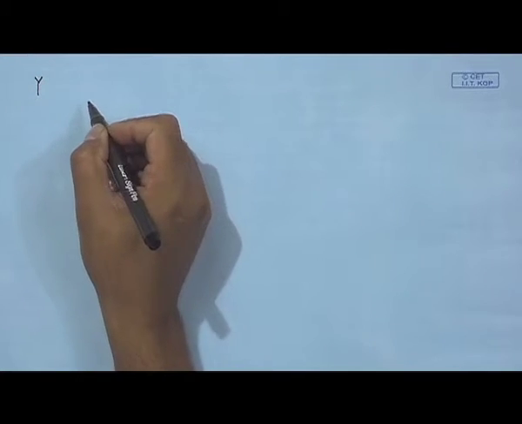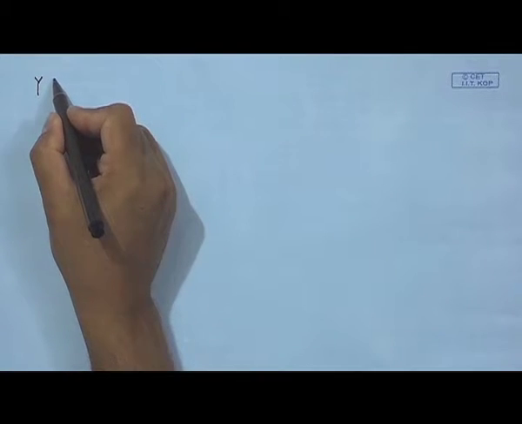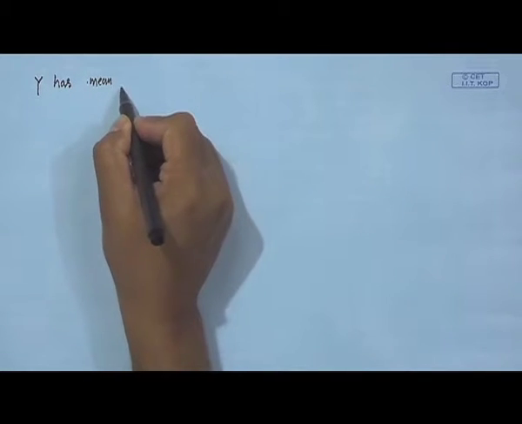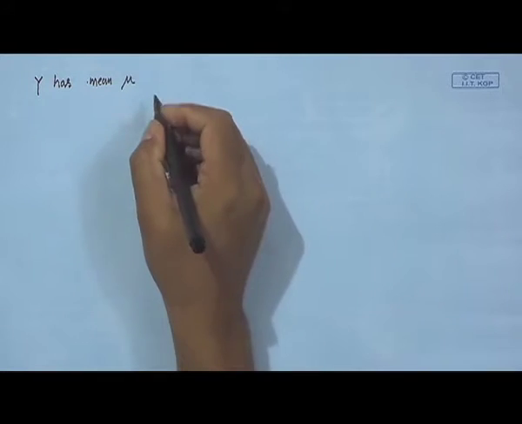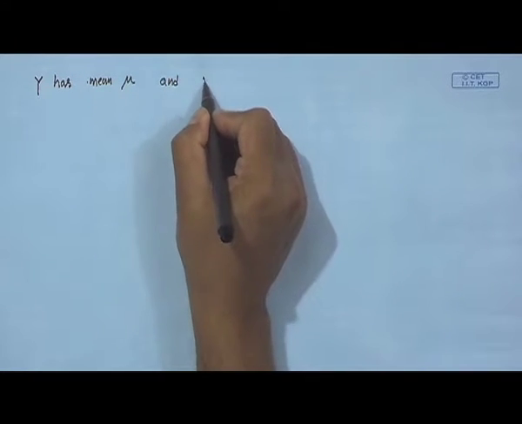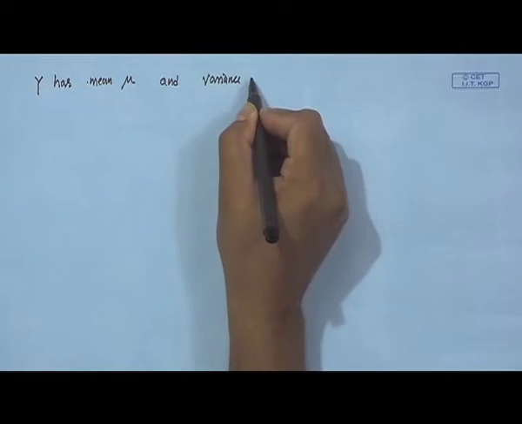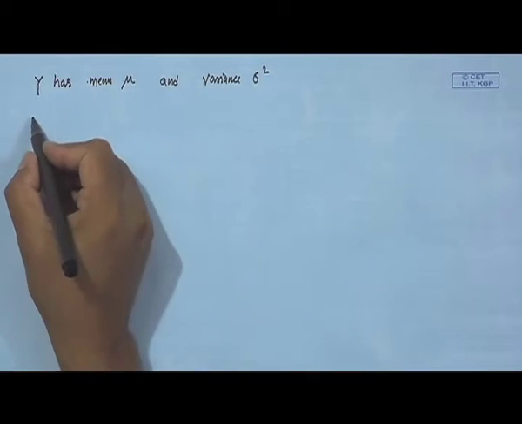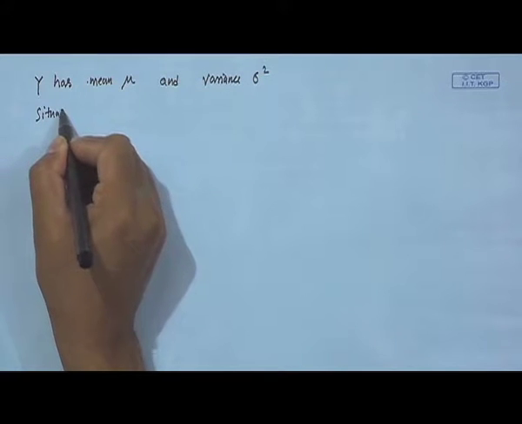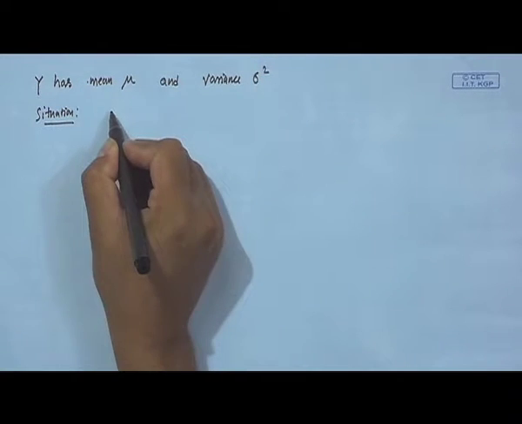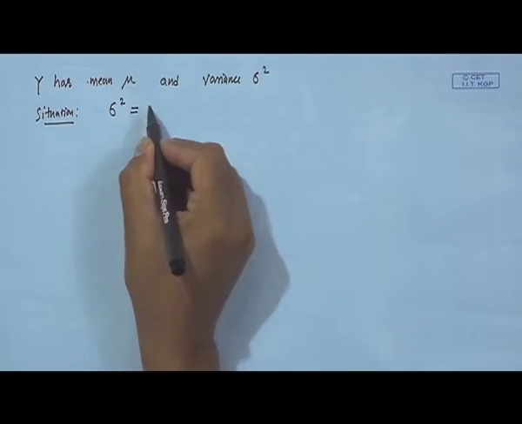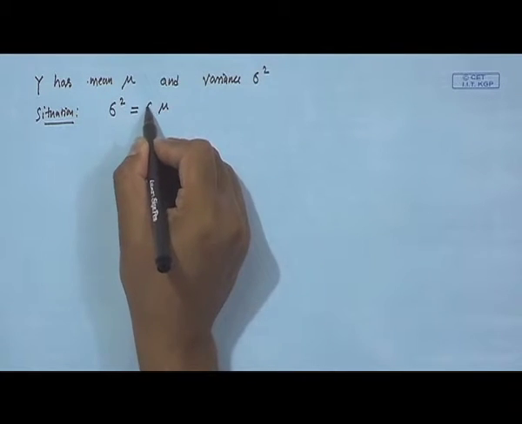Okay. So, y is a response variable and y has mean mu and variance sigma square, and the situation is that this variance sigma square is a function of mu, g of mu.